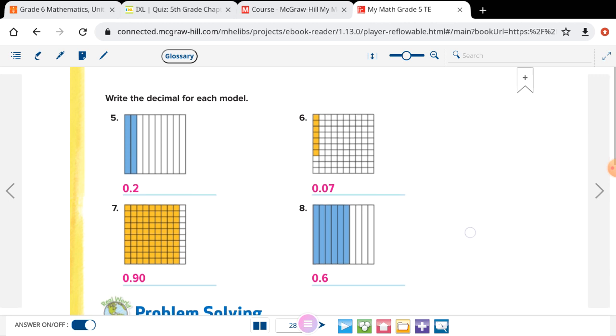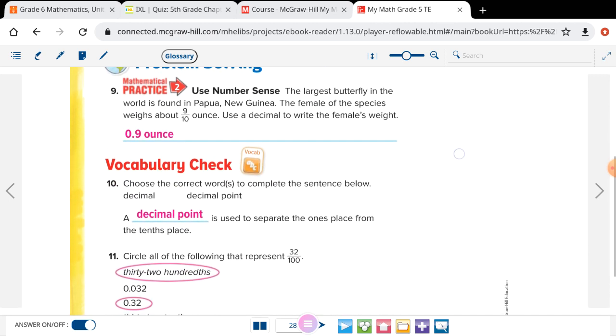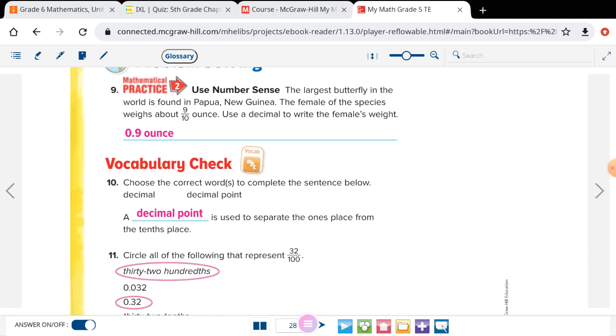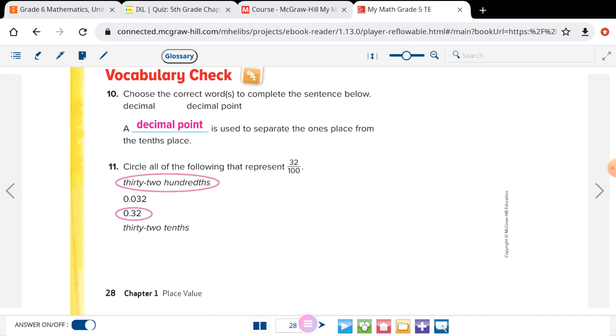Okay, I'm going to move on down. I miscounted it. You didn't have to do 9 or 10. Number 11, were those 2. What is wrong with the second answer? Grayson? It has 2 zeros.